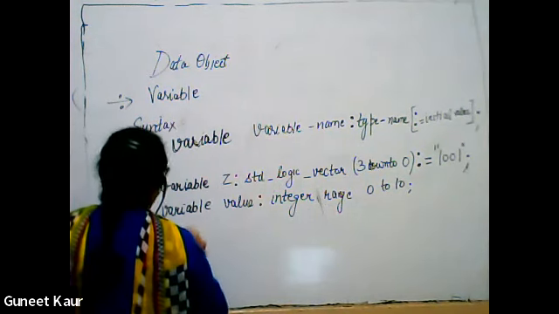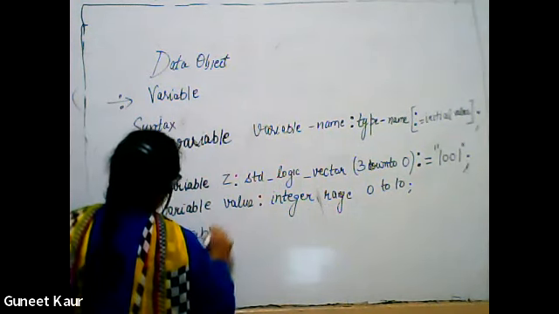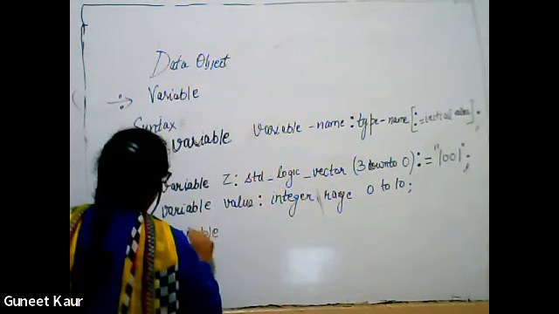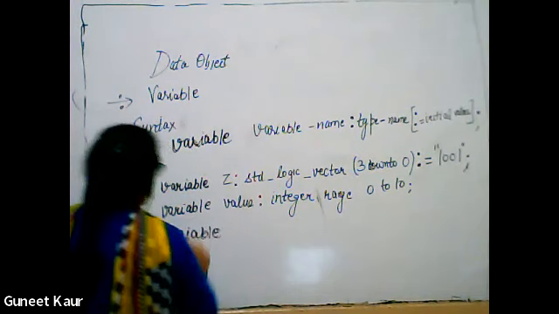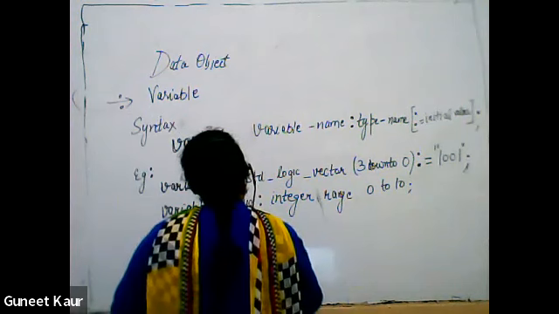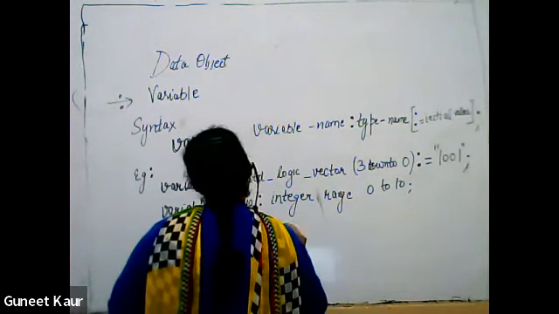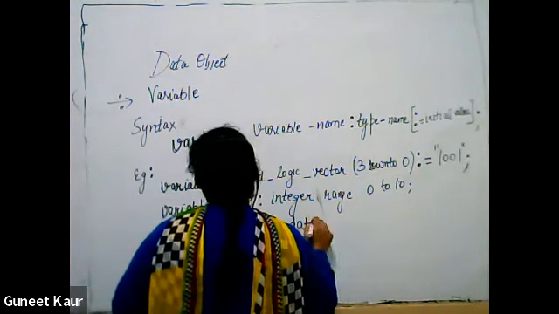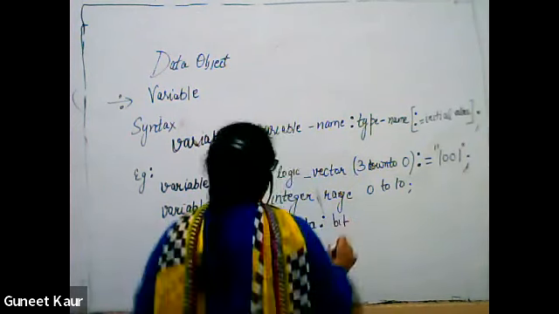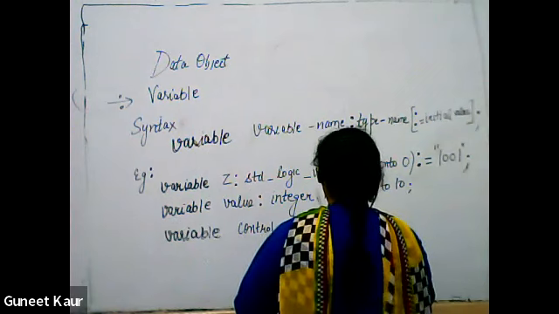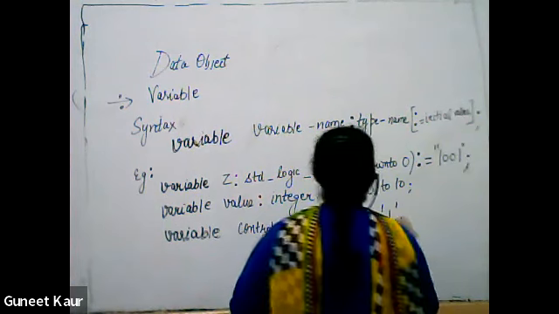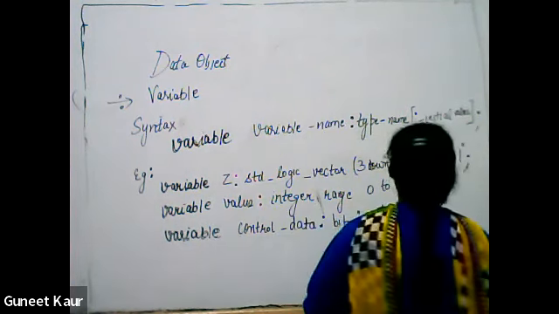Next is variable control_data colon bit colon equal to single quote 1, semicolon.